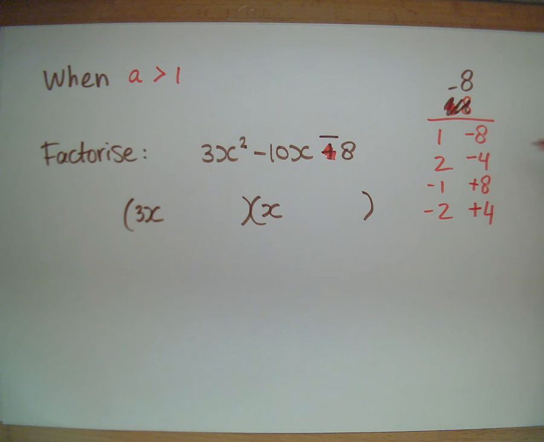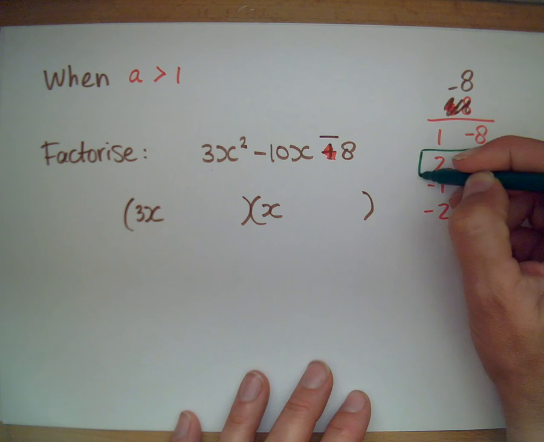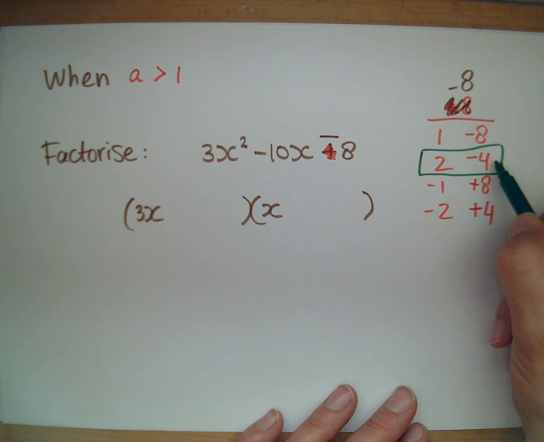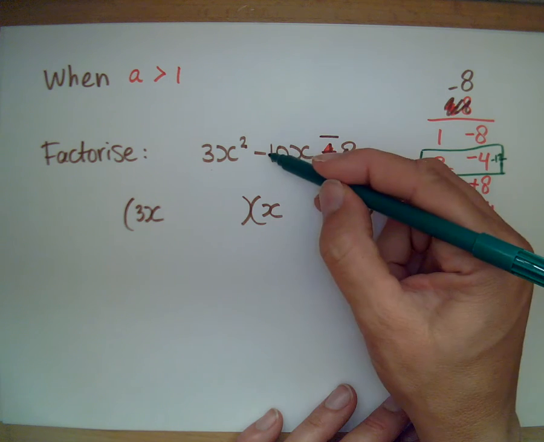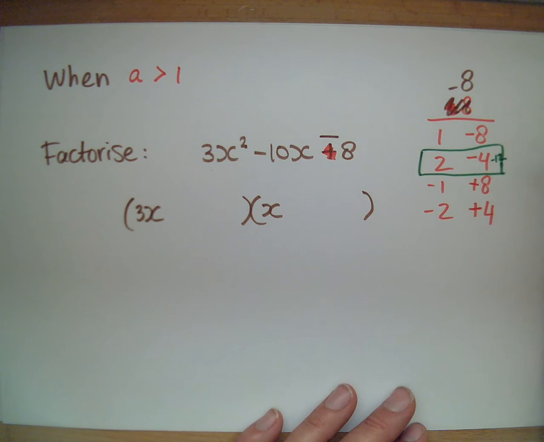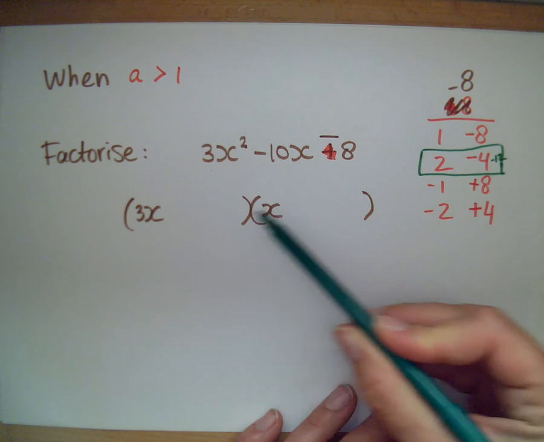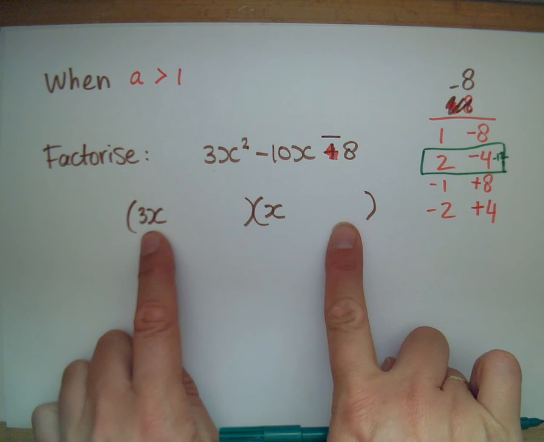Let's look at this one. I could try to plug all of them in and show you that there is one answer, but let me just look here. If I multiply this negative 4 by 3, it'll be negative 12, right? And then negative 12 and positive 2 will add up to negative 10. So now I need to make sure that I place my negative 4 so that it combines with the 3x.